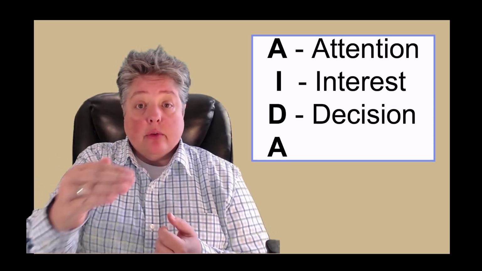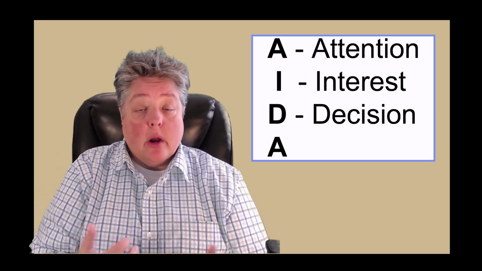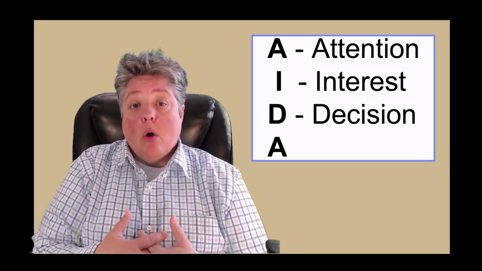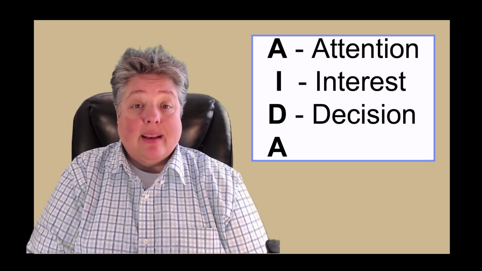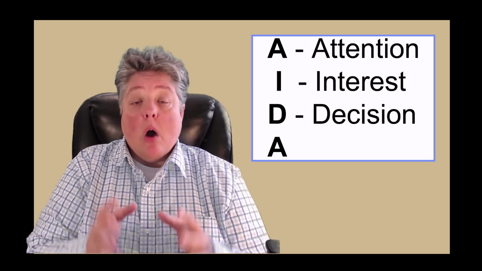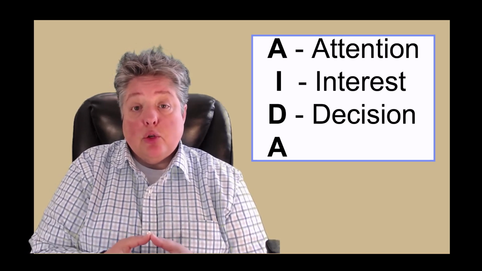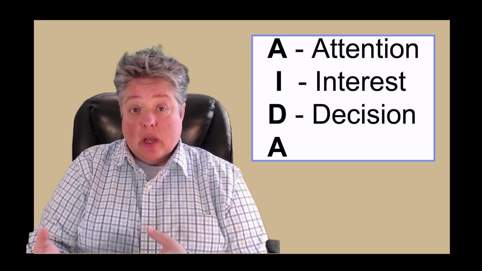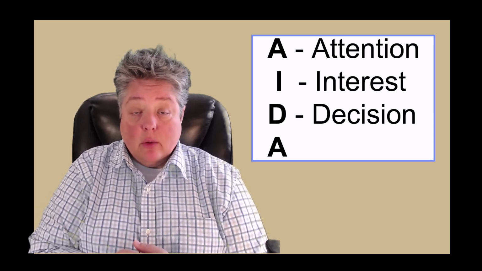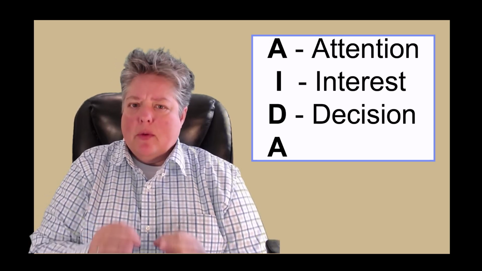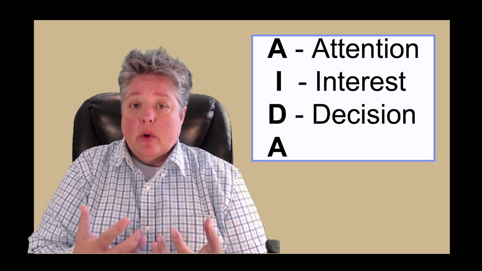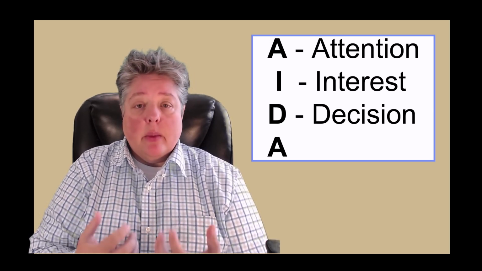List out the benefits of the product or service. You could also offer testimonials from satisfied customers. Now, if you offer testimonials, you need to make sure that you are getting the customer's permission first. Otherwise, they can sue you. So be very careful about that. But testimonials are a great way to get people to trust you.